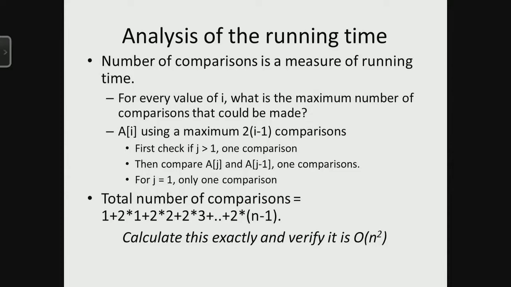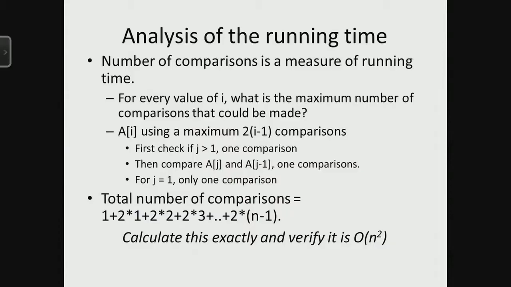Further, in each of these iterations, if you notice the code that we have written, there is a comparison of whether the index is equal to 1 or not. So, that is why we get 2 into I minus 1 comparisons.